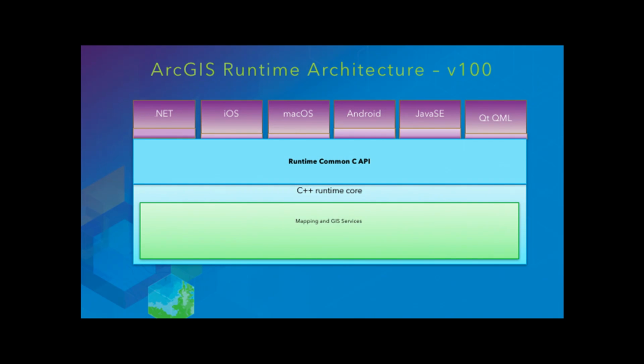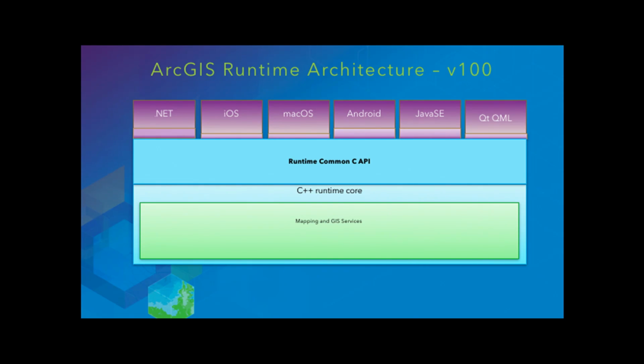As many of you know, we released the next generation of Runtime SDKs, version 100, past November. This was made possible by this new runtime architecture. With the C++ runtime layer we already had, we have introduced a new common C API layer.